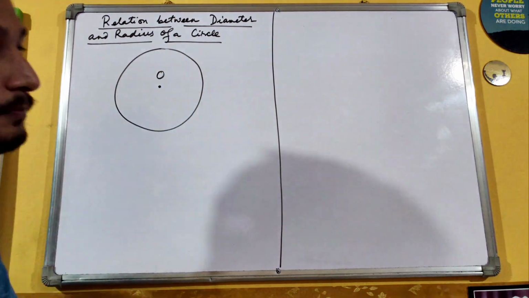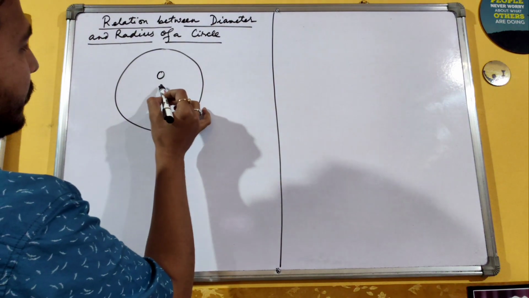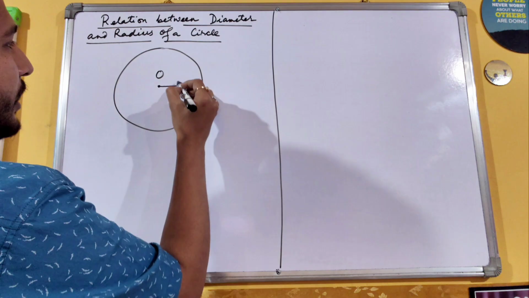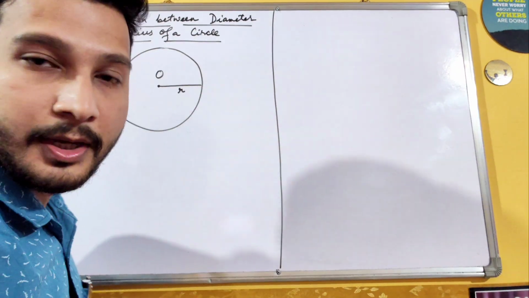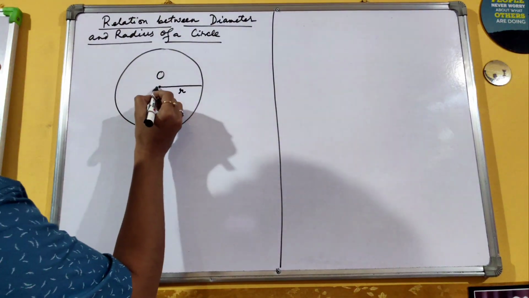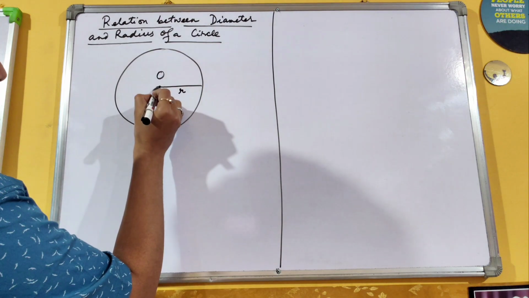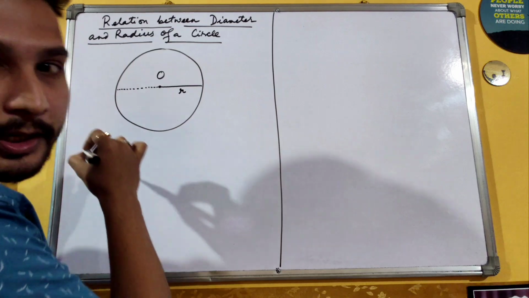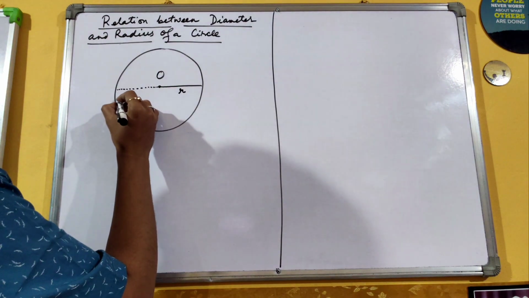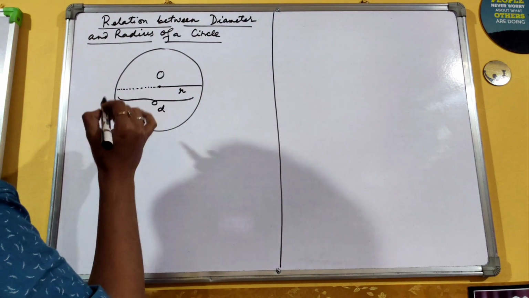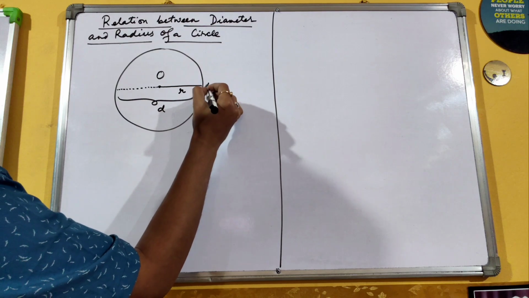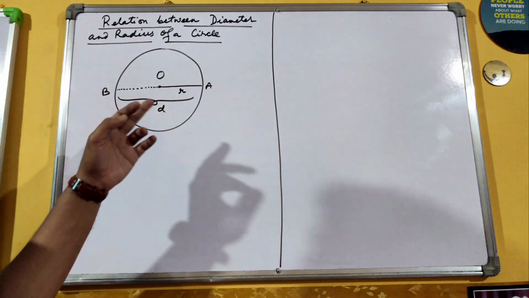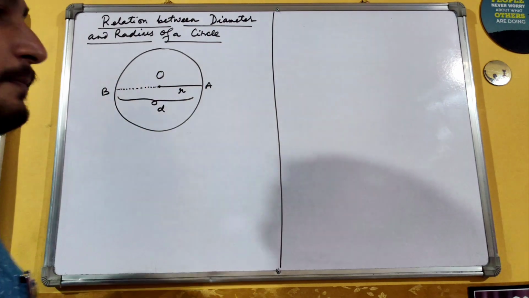Name this as O. Now if we join a line from the center to the boundary, we get the radius, which is R. Also if we join another line from O to the other side, we get the diameter. Name this as A and this as B.